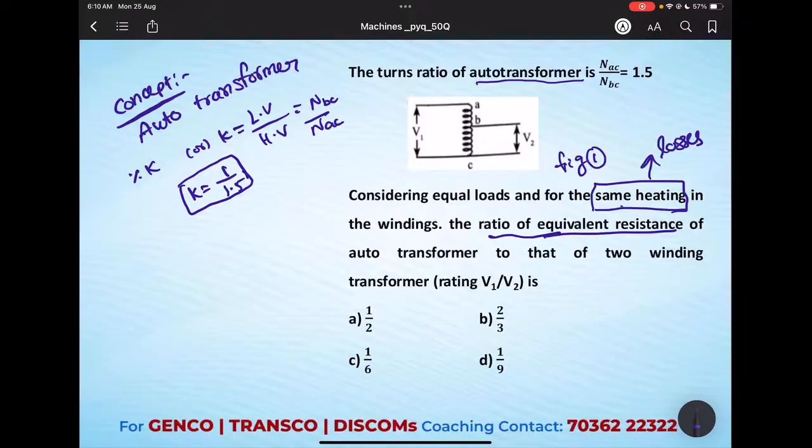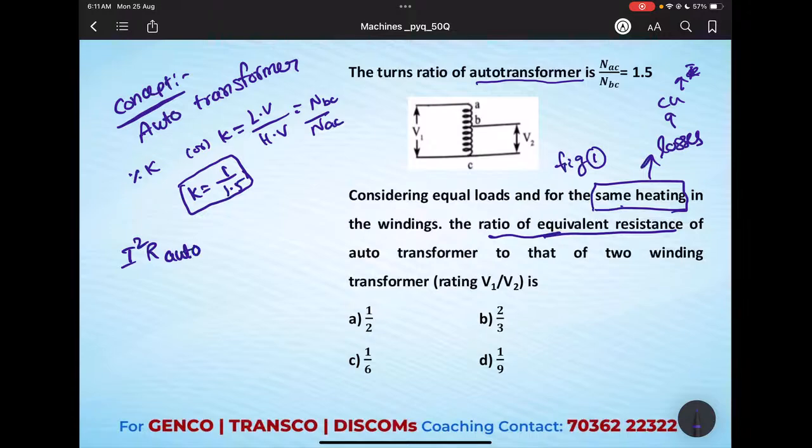Most of the losses in a transformer are copper losses, and copper losses depend on the load current. As the same load is connected, the current is going to be constant. That means the copper loss in both the auto transformer and the two-winding transformer is the same. What they mean to say is that from the term same heating we can write R auto.